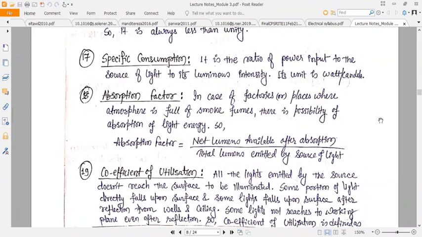It is the ratio of the power input to the source of light, कितना input power हम लोग दे रहे हैं, divided by its illumination intensity. Okay, power input का unit क्या होगा, watt, and unit of this luminous intensity is candela, so it is watt per candela. It is the specific consumption.